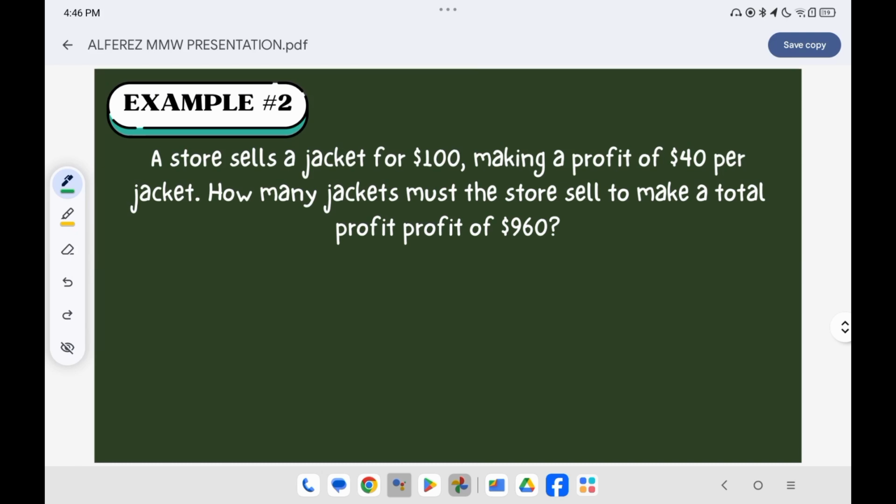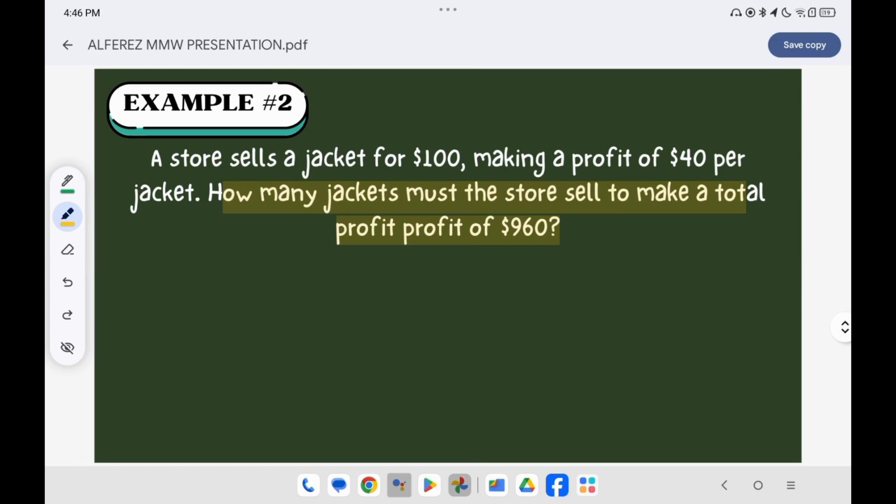A store sells a jacket for $100, making a profit of $40 per jacket. How many jackets must the store sell to make a total profit of $960? So the question is, how many jackets must the store sell to make a total profit of $960?